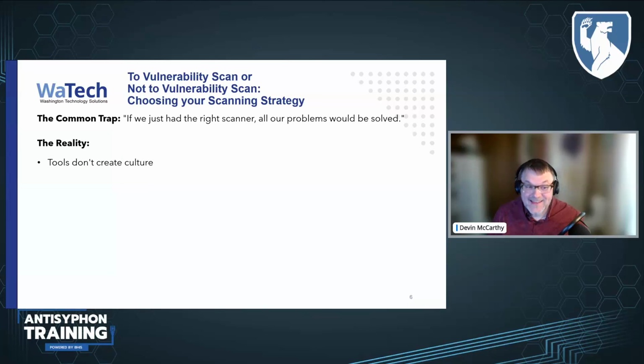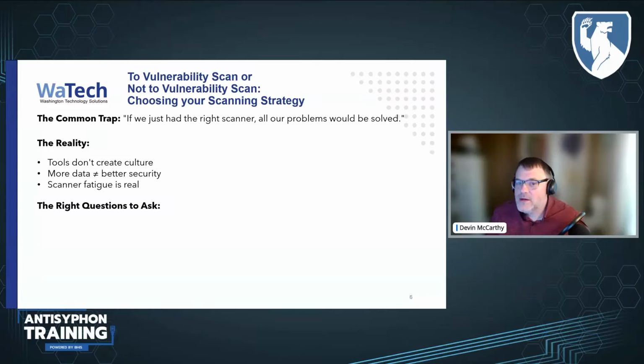But in reality, tools don't create culture, more data isn't always better data, and scanner fatigue is real. I don't know if any of you have stared at output from a vulnerability scanner, just pages of vulnerabilities, not knowing where to start. It's not helpful. It just feels overwhelming.